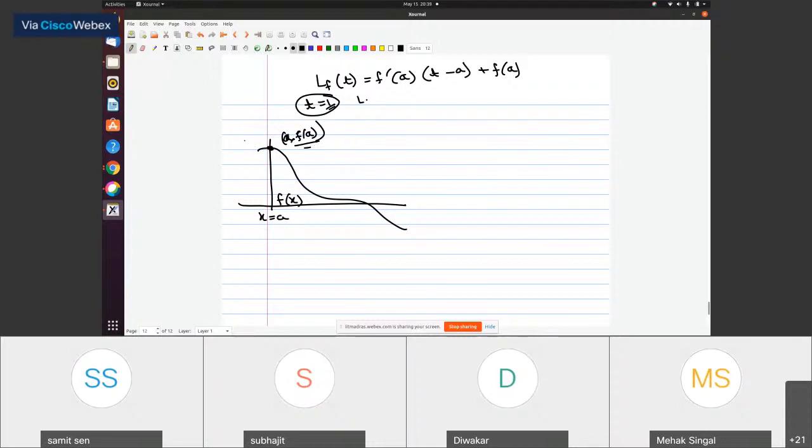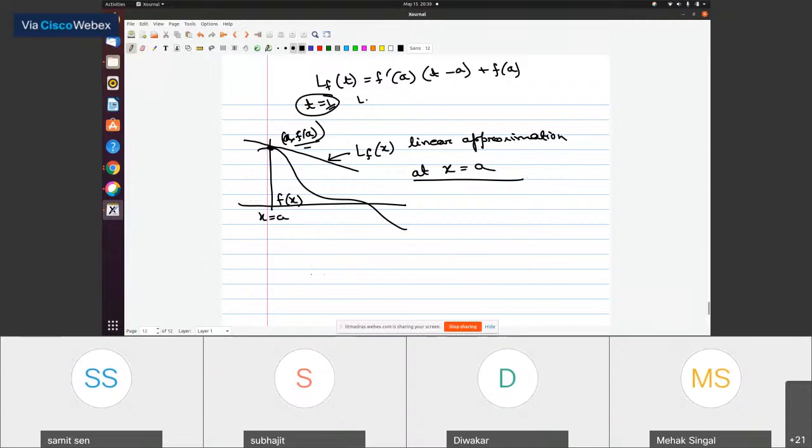The linear approximation is nothing but the tangent at this point. So we call this equation L f x, as the linear approximation at x equal to a. Is it clear? Yes, sir.